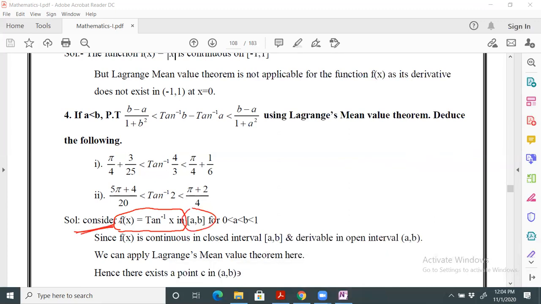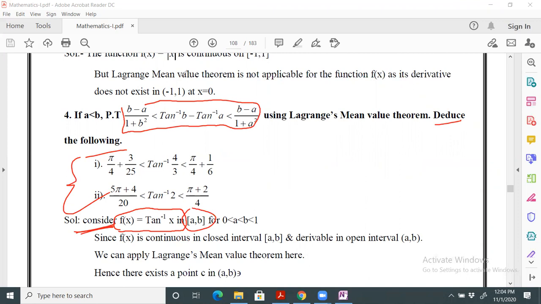For considering this, I took it. That is the process. Now this is the thing we completed. Now what they are saying is to deduce the following things. For these, we have to substitute some values in place of A and B.